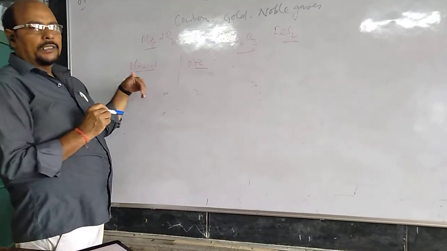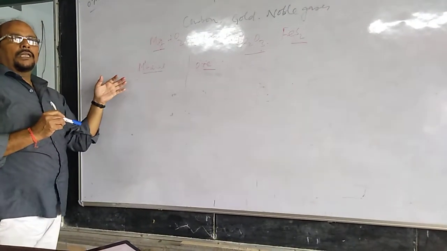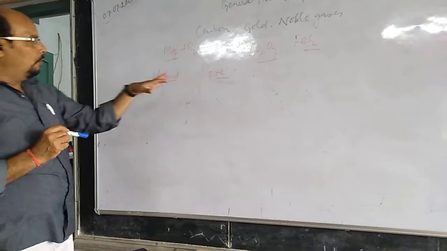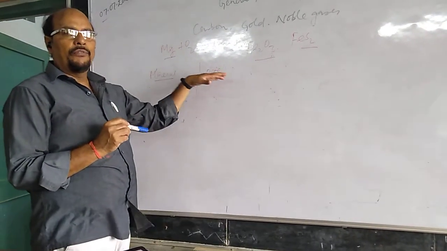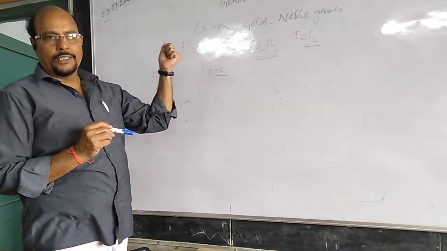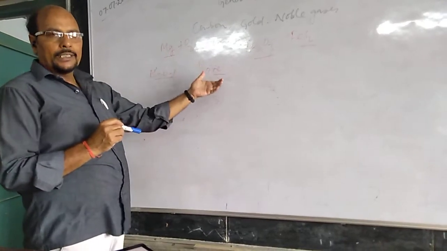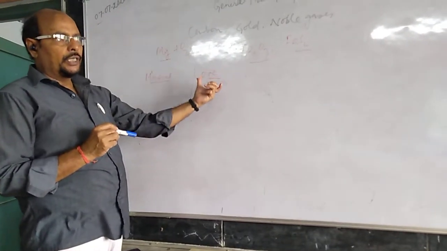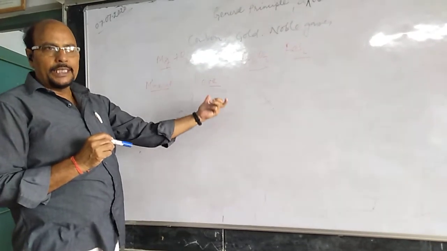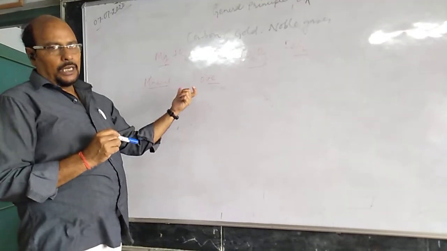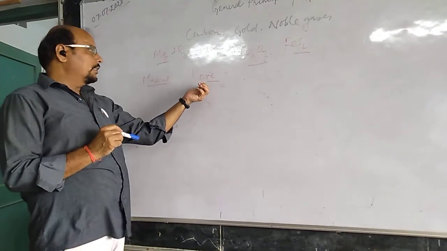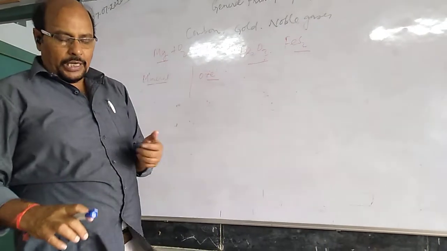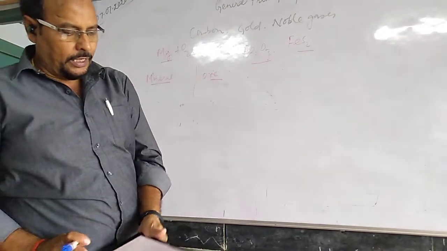From rocks, minerals are obtained. Minerals are not pure forms, while ores are the substances from which the metals are extracted. So, ores can be defined as the substances from which the metals are profitably extracted or reduced. And this is the particular term which we are going to discuss in this chapter in a very real manner.